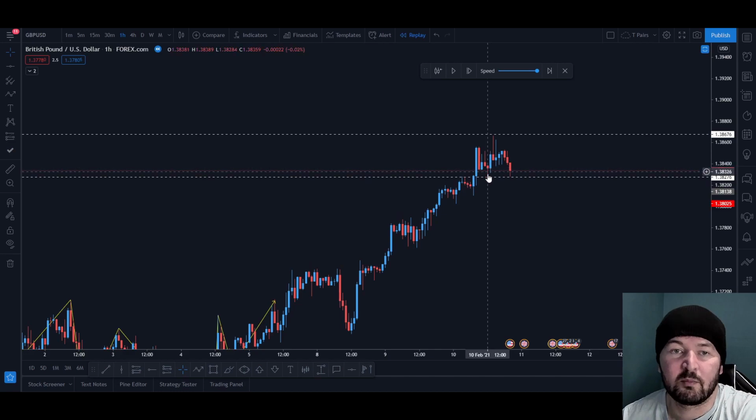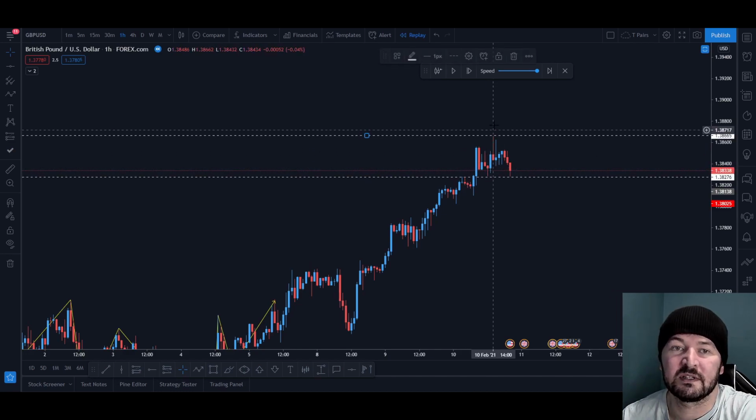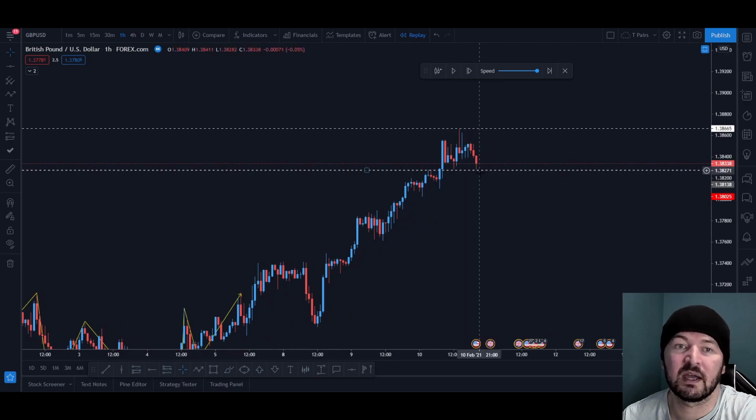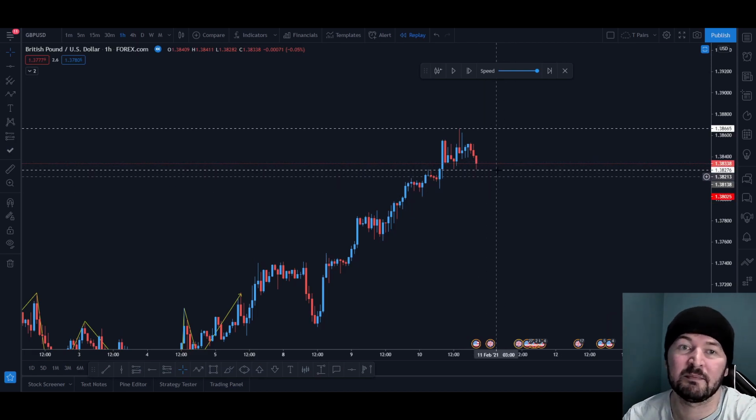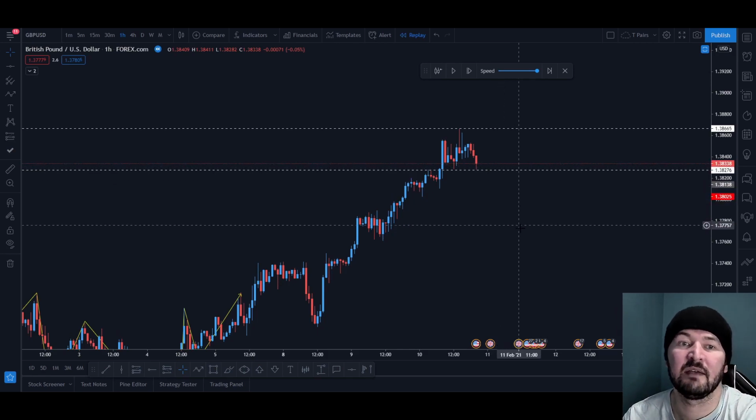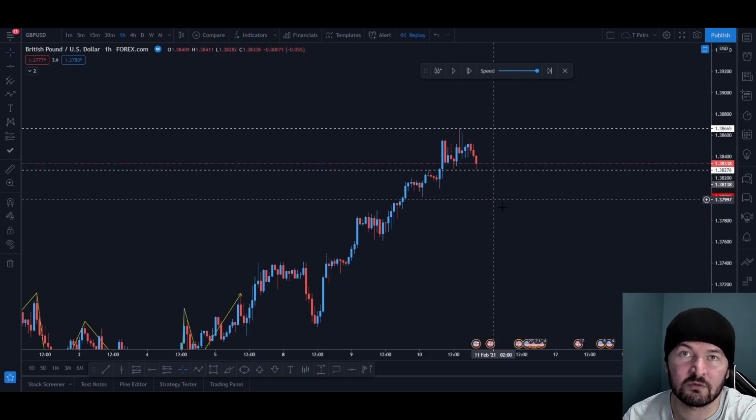So as soon as we've got a break of this area, which is the move which took us up to the most recent high, we can start looking at getting into a reverse. So we want a break out of here, a move back up, which would be classed as a counter trend, so going back up would be the counter trend, and then a break of that level again.